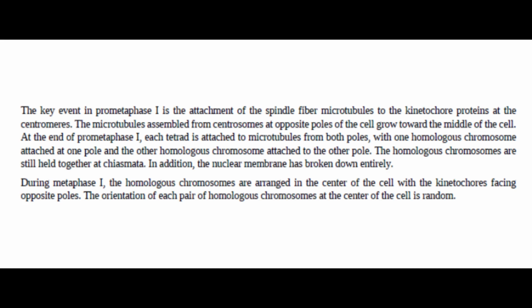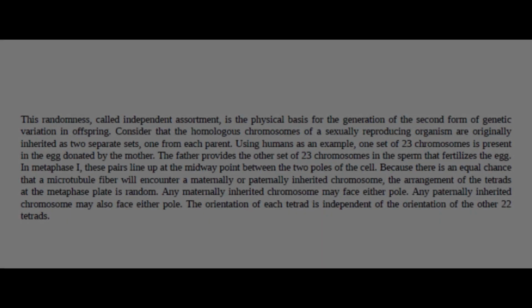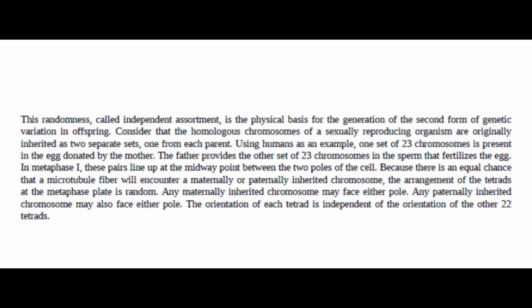During metaphase I, the homologous chromosomes are arranged in the center of the cell with the kinetochores facing opposite poles. The orientation of each pair of homologous chromosomes at the center of the cell is random. This randomness, called independent assortment, is a physical basis for the generation of the second form of genetic variation in offspring.